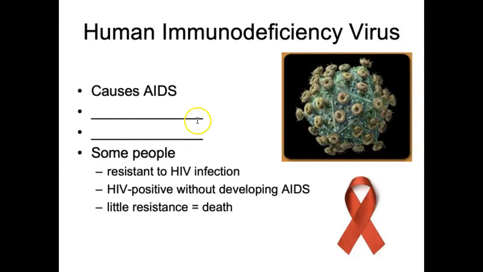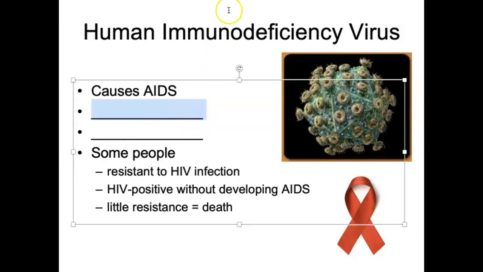So what we're looking at is the first cases in humans, in the US, date back to about 1981, first identifiable cases.